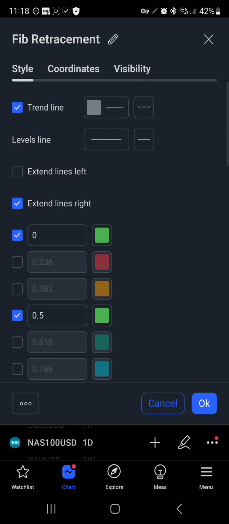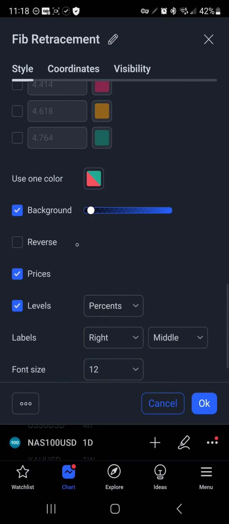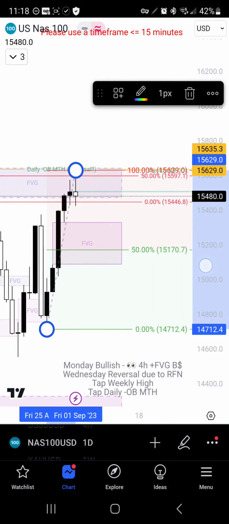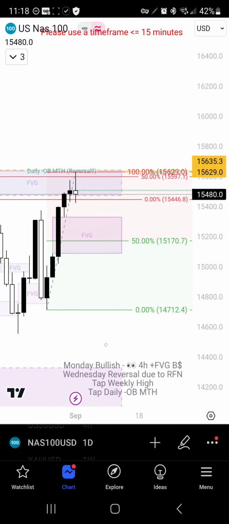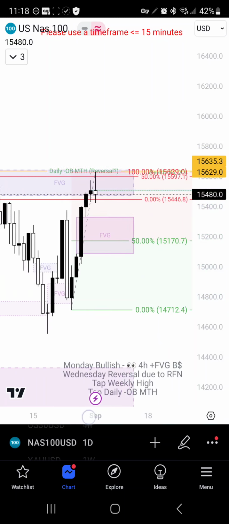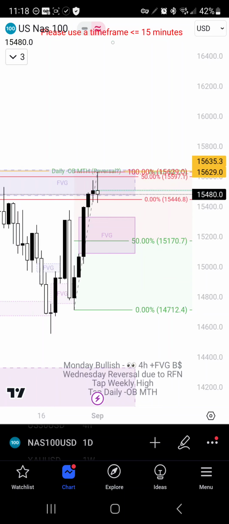Let's reverse this real quick. So what do we see here on the daily? On the daily, we do see this breaker.